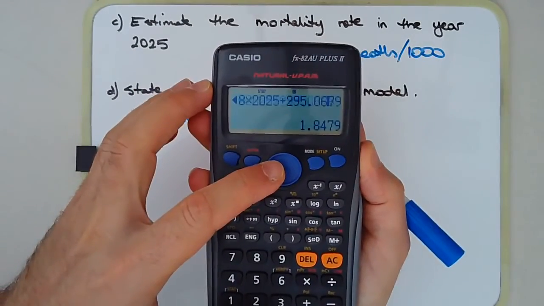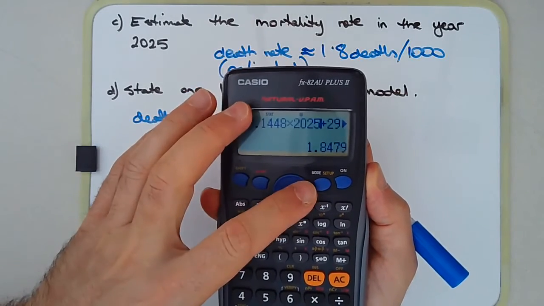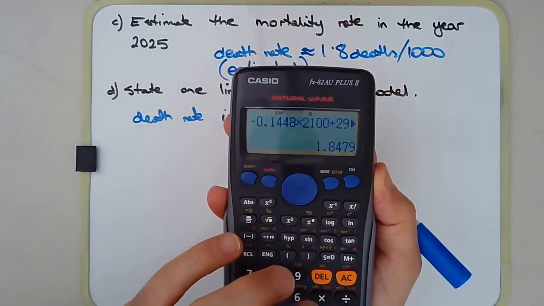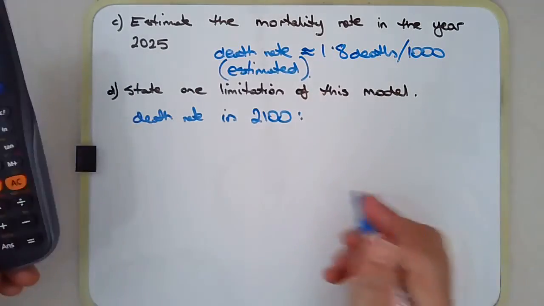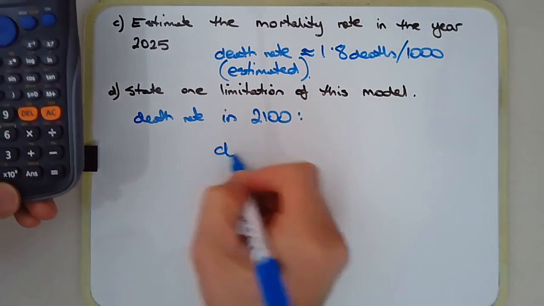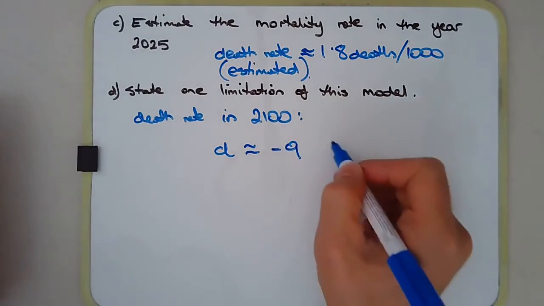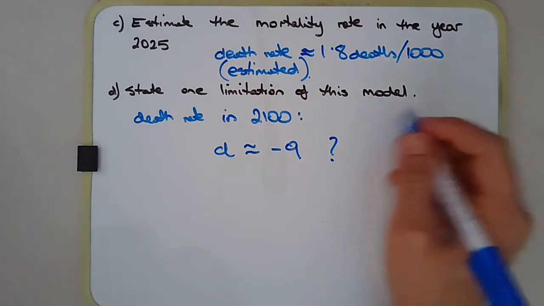So instead of 2025, I'm going to put 2100 and let's see what happens. We get a death rate of -9. Okay. d is approximately equal to -9. Doesn't make any sense, right?